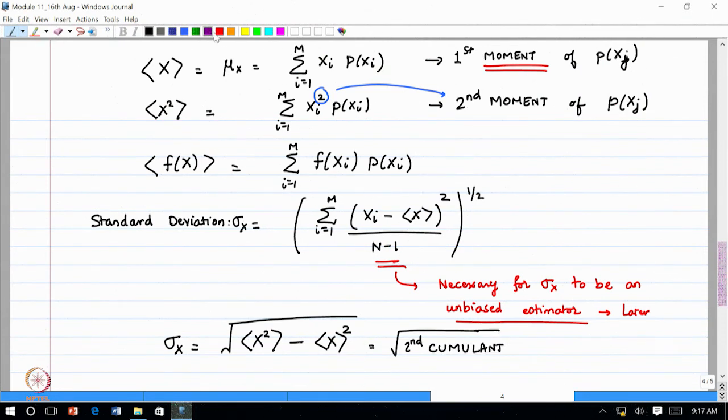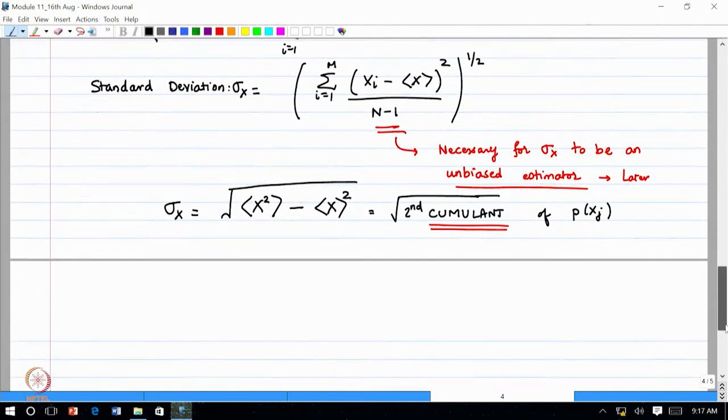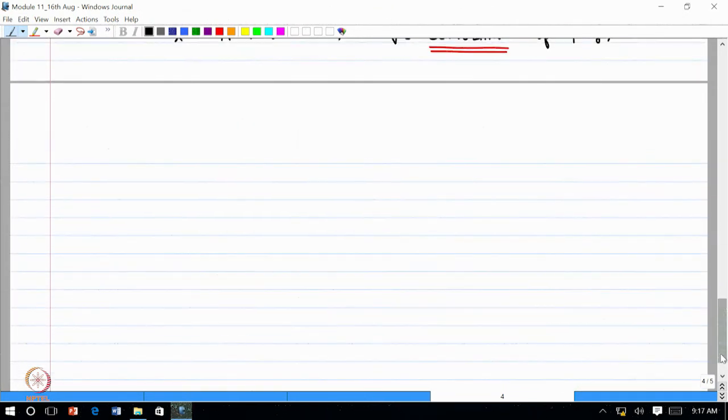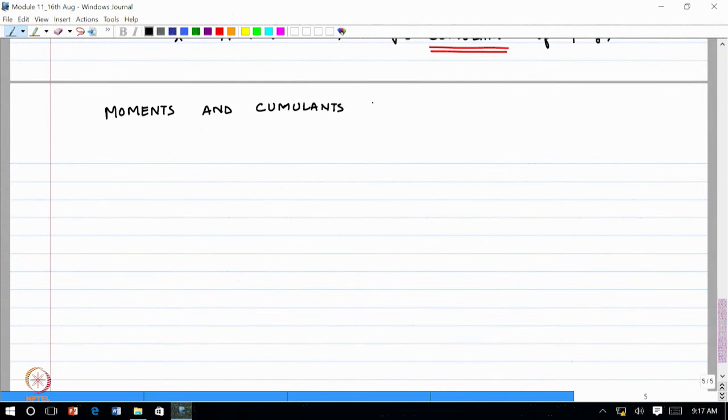So, the square of the standard deviation is the second cumulant of the probability distribution function. Just as you have used the term moments, I will emphasize that you have moments and cumulants of a probability distribution.